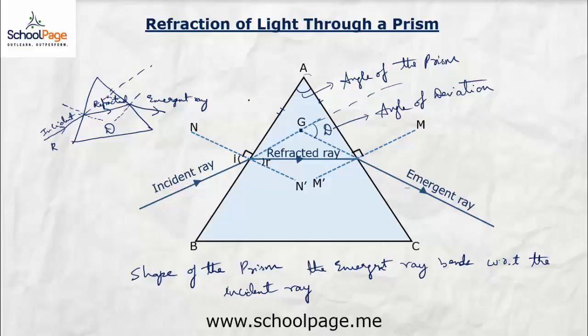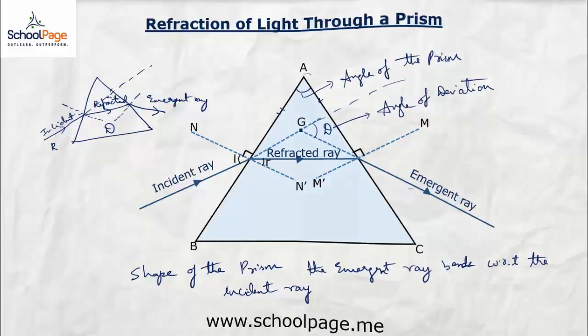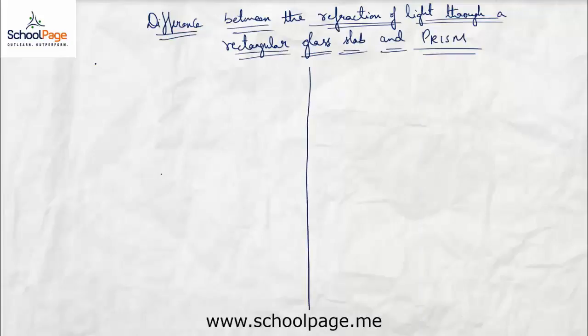Let's find out what is the difference between the refraction of light through a prism and the refraction of light through a rectangular glass slab. So here it is a rectangular glass slab.